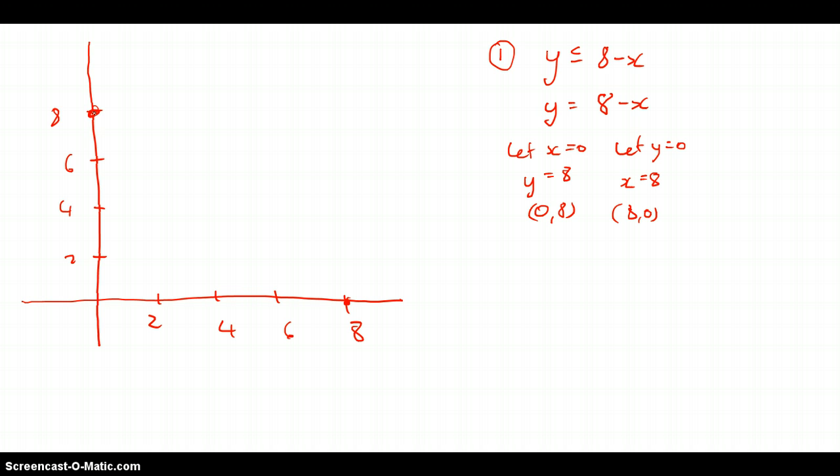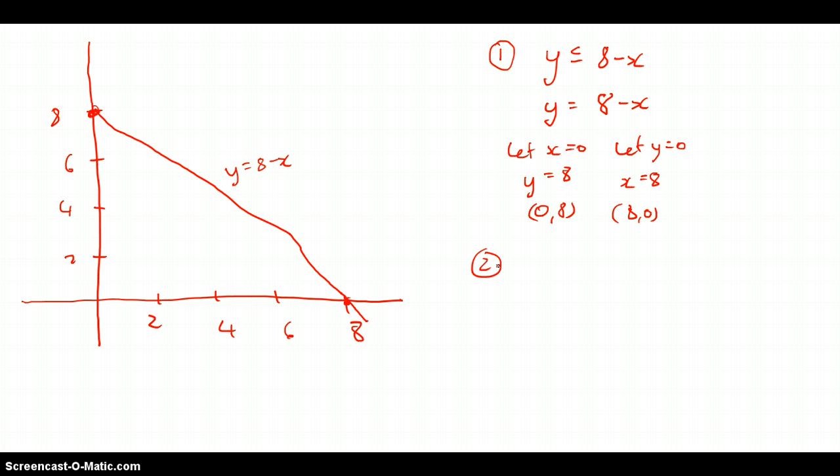All I need to do now is just join the points. Just so you know, it's a lot harder doing this on a computer. Anyway, that's my first line, which is y is equal to 8 minus x.